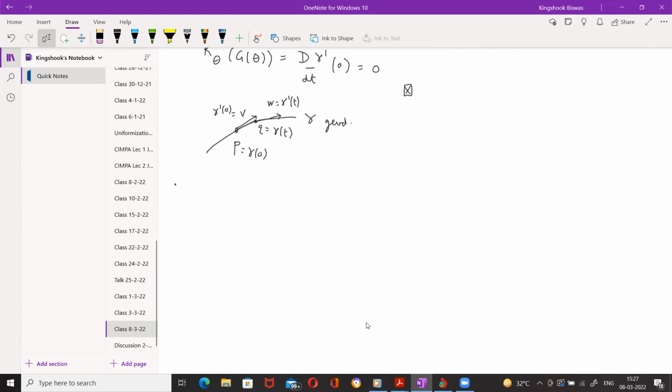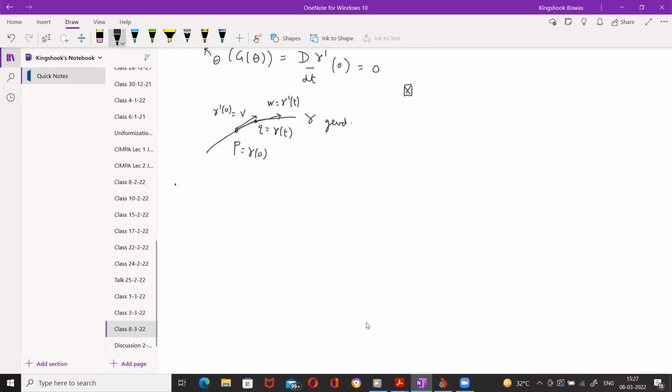So do you remember differential forms in R^n? Yes, everyone is familiar with differential forms in R^n? Anyone not familiar? Okay. So let me just do a quick recap.